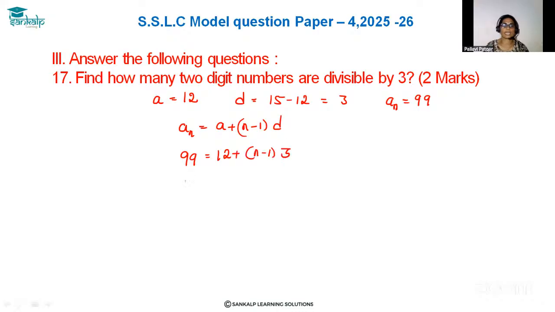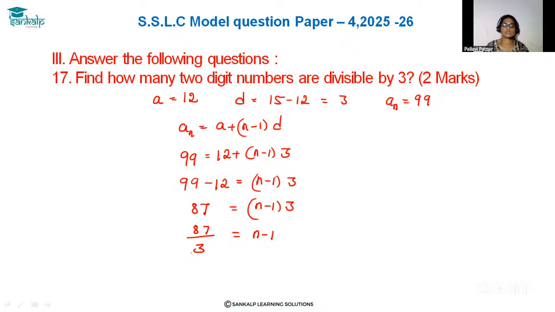So 99 minus 12 is equal to n minus 1 into 3. So 99 minus 12 is 87. 87 is equal to n minus 1 into 3. So 87 divided by 3 is equal to n minus 1.